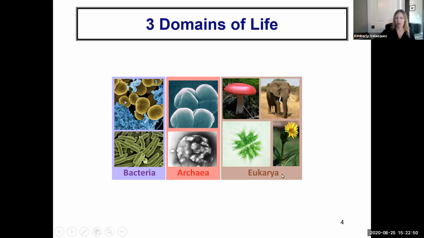Whereas eukaryotes have complex cells with complex membrane-bound organelles, and they do have DNA enclosed in a nucleus. And most of them are multicellular, but the protists are a very big group of unicellular eukaryotes. But the ones we're probably more familiar with, such as the animals, the plants, and the fungi, those are mostly all multicellular. So those are the three domains of life.